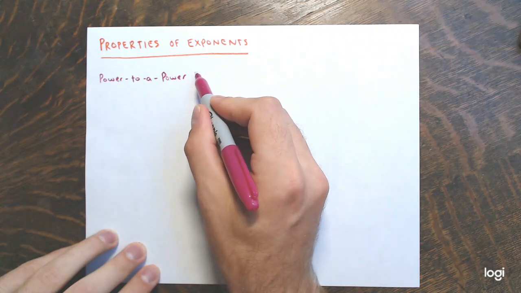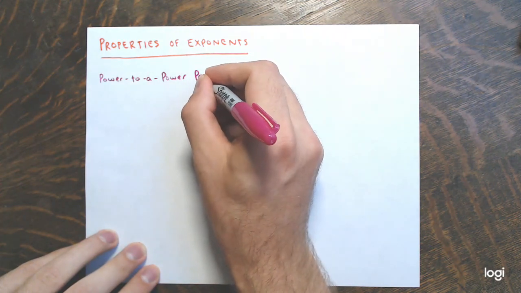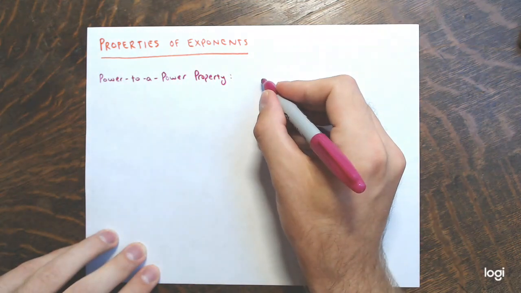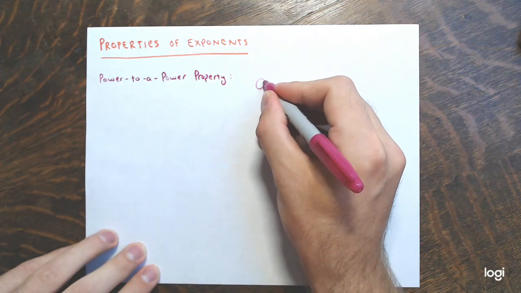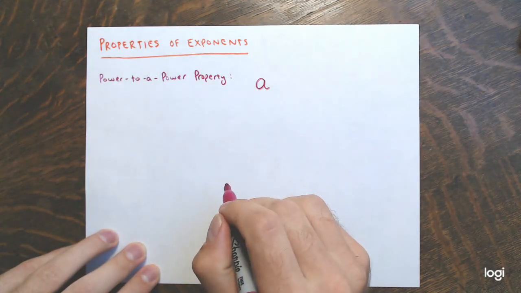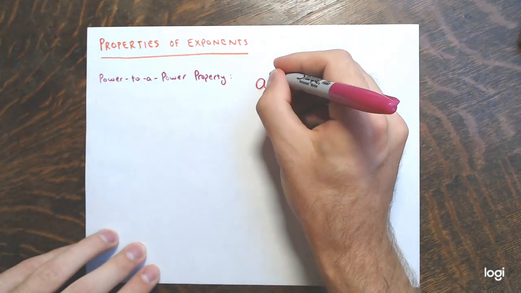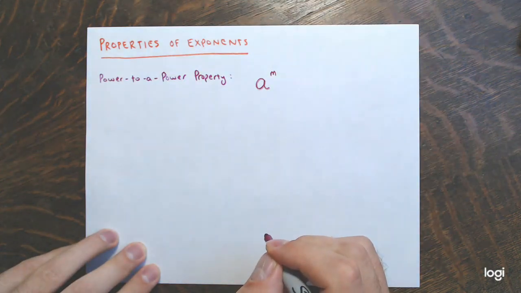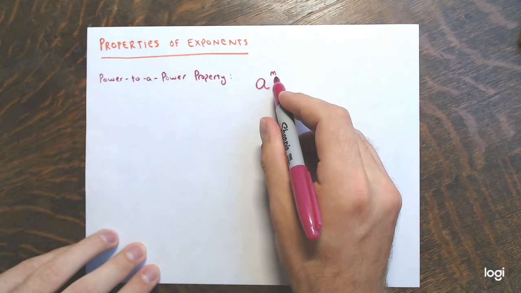So the power to a power property is the following. If you take a number a and raise it to, say, the mth power, so it's base a to the exponent m.